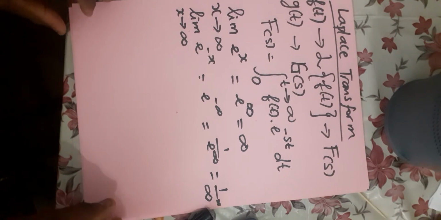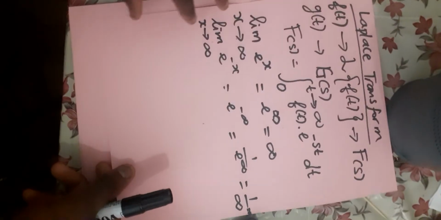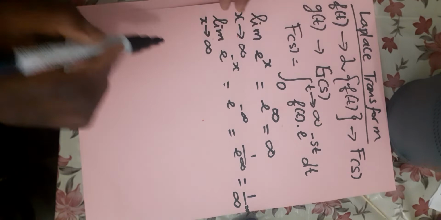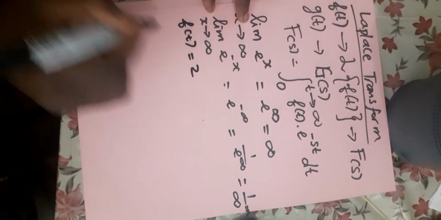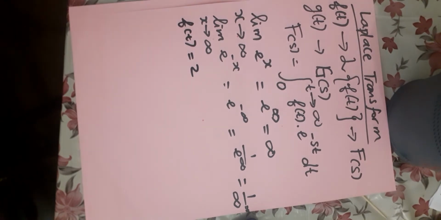So now let's quickly solve an equation here. For example, your f of t equal to 2, just for an example. They will never ask you a simple question like that. So what will be your solution?